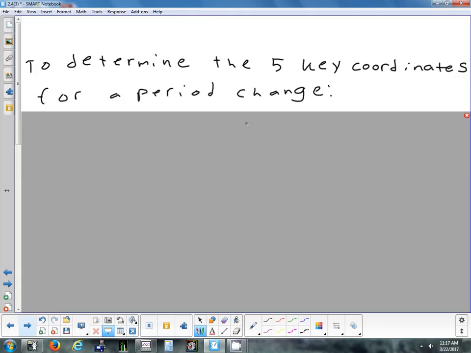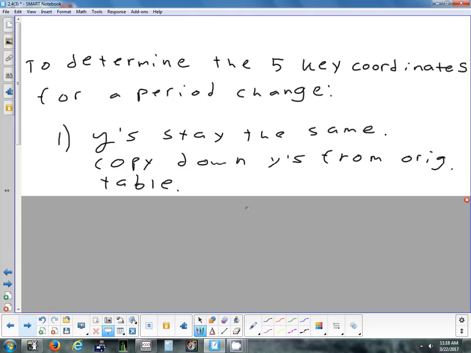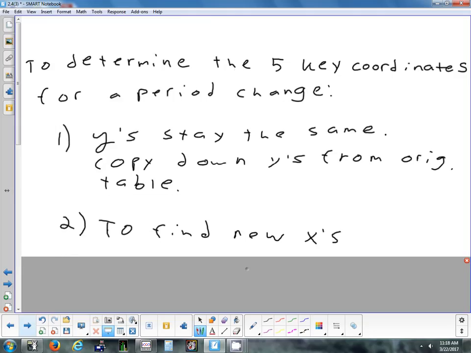The y's, because you're going to stretch it left and right. So you're going to change things left and right, but you're not going to change anything up to down. Unfortunately, the y's are the easy values to work with. The 1s, the 0s, and the -1s, they're not going to change.